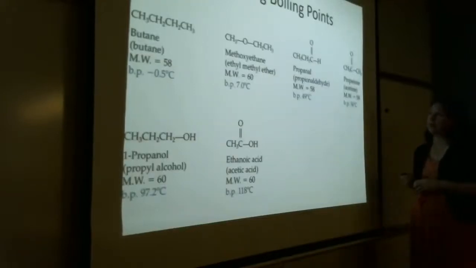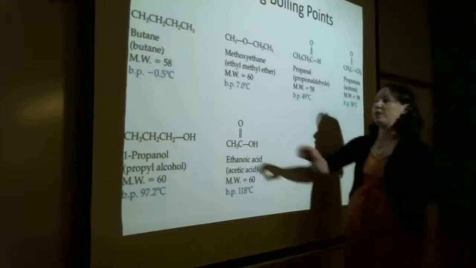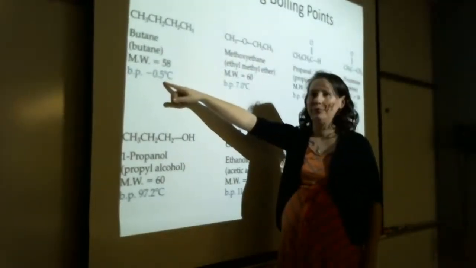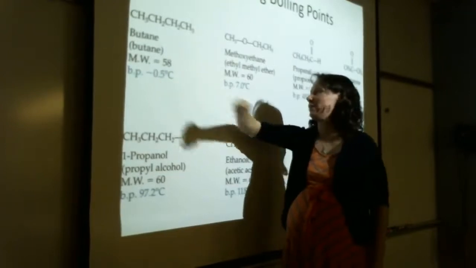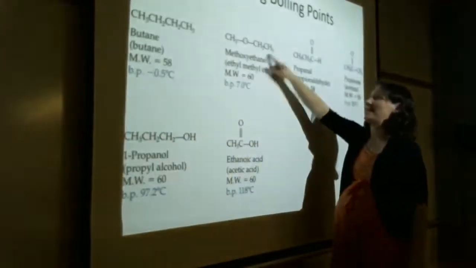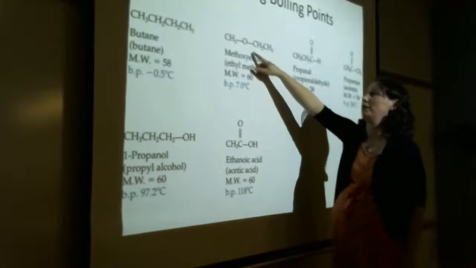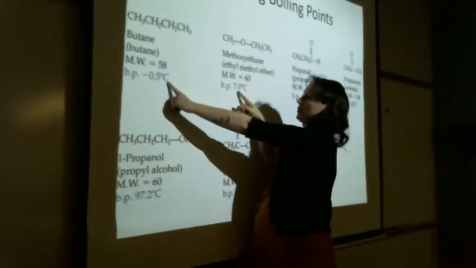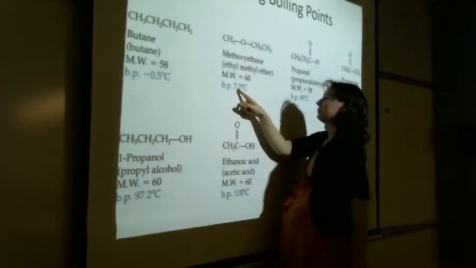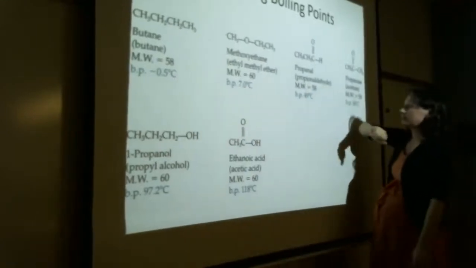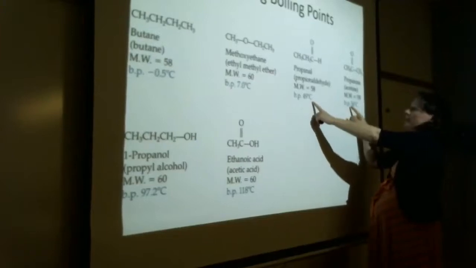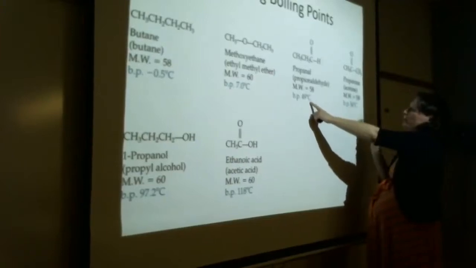And so here are some data. Here's butane, wimpy little butane, boiling point of -0.5, gas at room temperature. There's an ether. We said ethers have a very weak dipole-dipole, very weak. Notice it only brought you up 7.5 degrees. Then we jump up a good bit when we get to the aldehydes and the ketones. There's an aldehyde at 49.